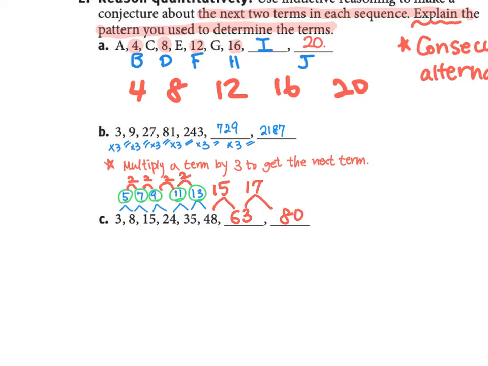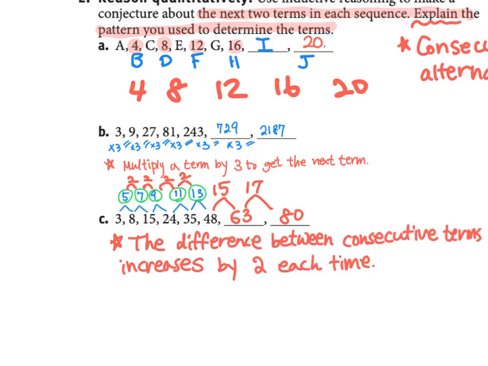So how can we explain this pattern? I can say the difference between consecutive terms. What does consecutive mean? That's right, right next to each other. The consecutive terms increase by 2 each time.